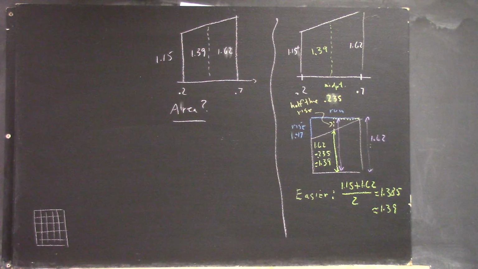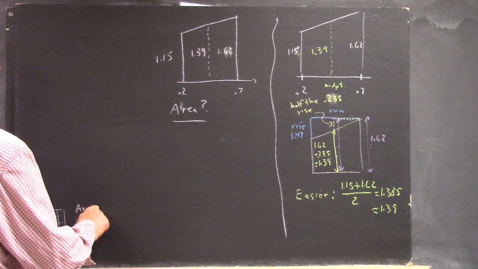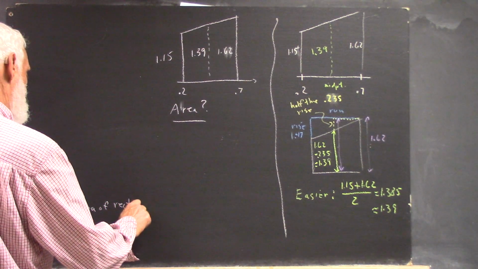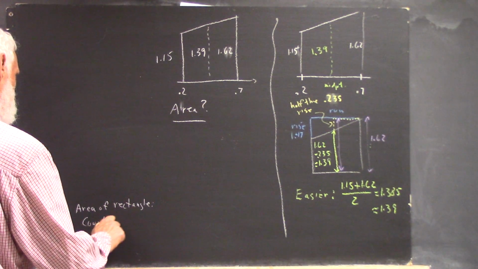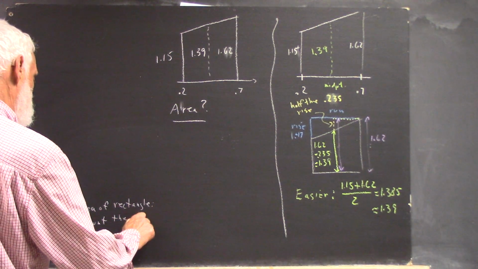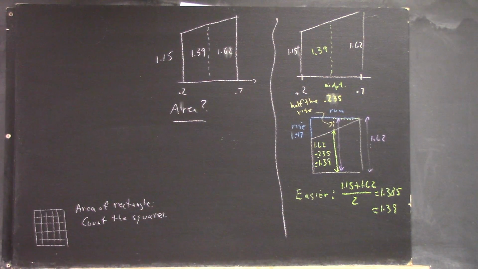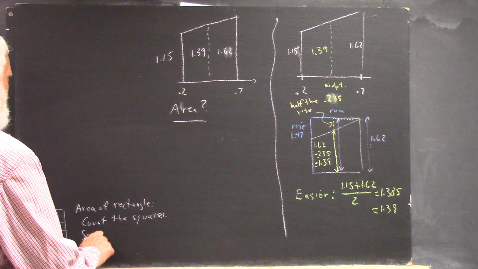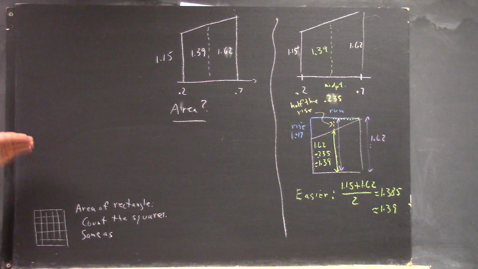Yeah. Okay? Count the squares, right? And that's the same as, well, you got so many rows, there's so many in a row and so many rows, right?